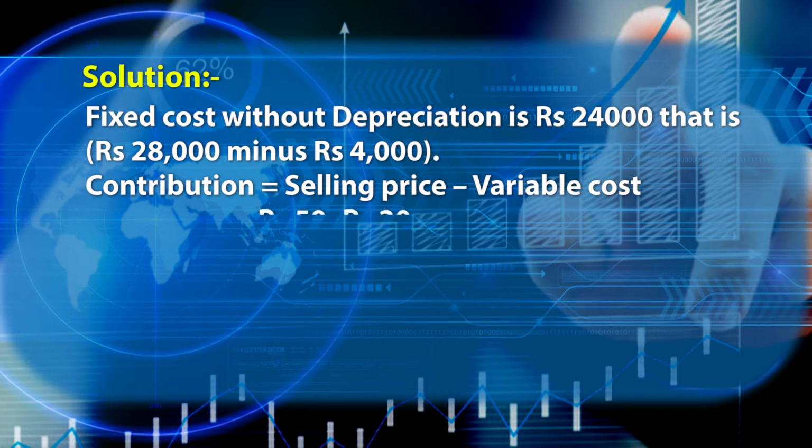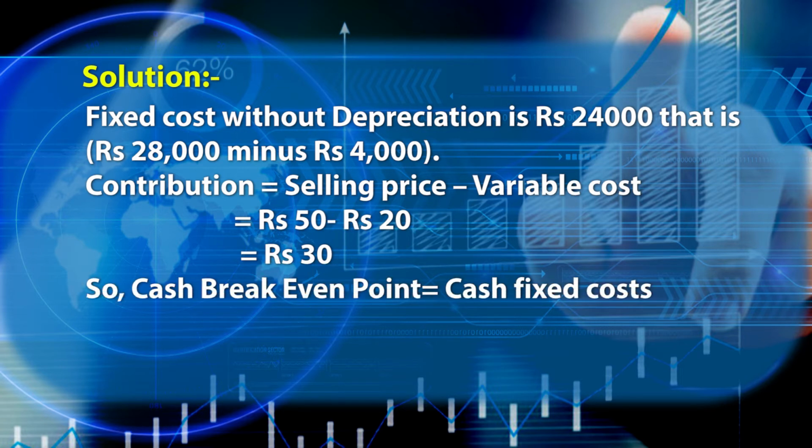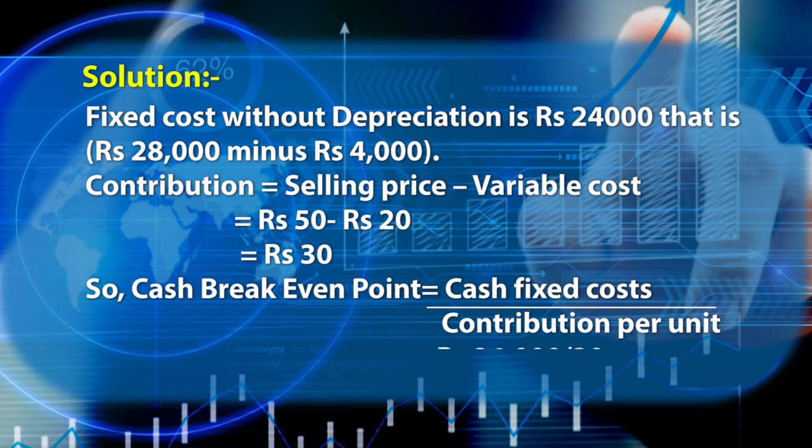Contribution is equal to selling price minus variable cost, which is equal to rupees 50 minus rupees 20, which is equal to 30. So, cash break-even point is equal to cash fixed cost divided by contribution per unit. Therefore, rupees 24,000 divided by 30 will give you the cash break-even point of 800 units.